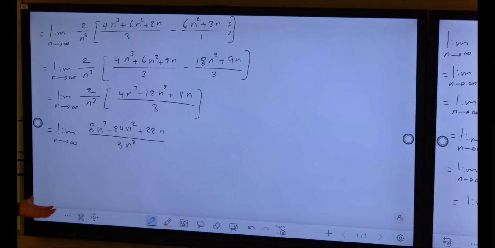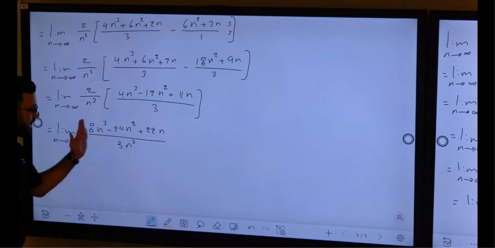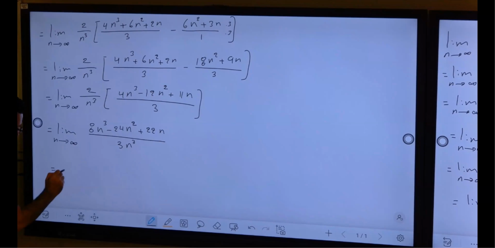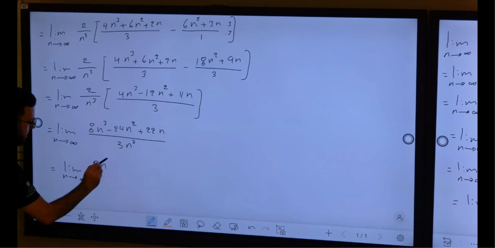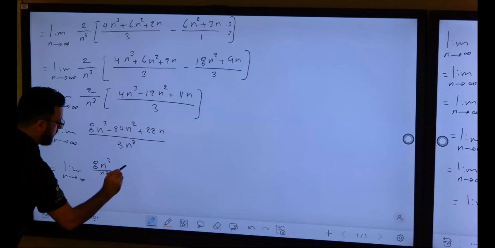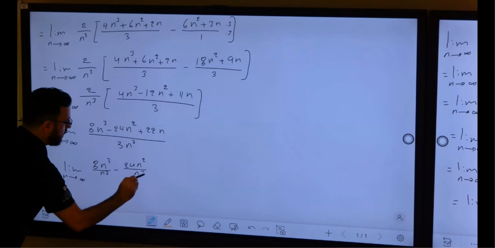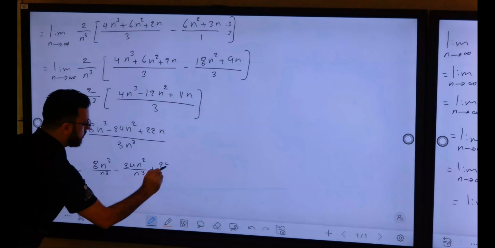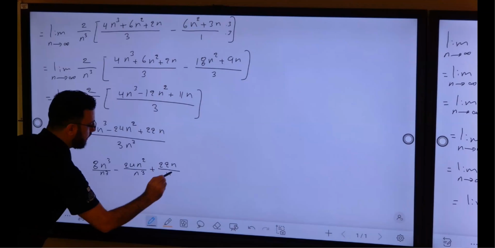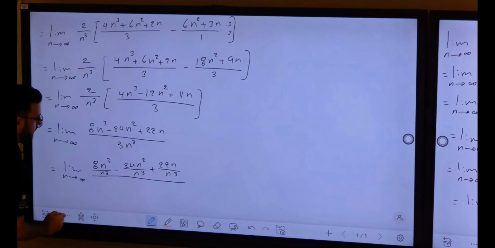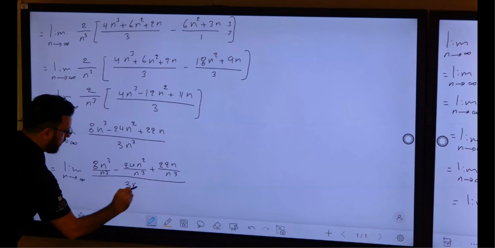Then we take the limit to infinity, so we divide by the highest exponent: 8n cubed divided by n cubed minus 24n squared divided by n cubed plus 22n divided by n cubed, everything over 3n cubed divided by n cubed.